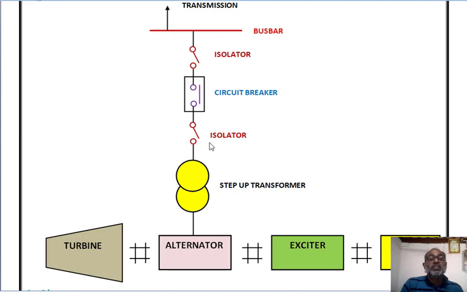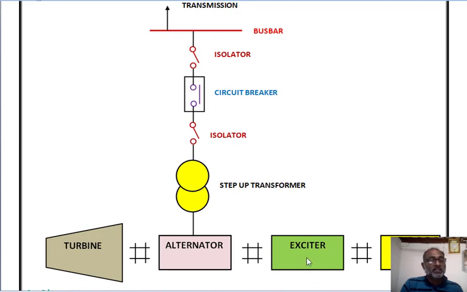So what is the main function of the isolator? At the time of maintenance or repairing, the circuit breaker must be isolated from the live lines. And another thing, the isolator must be operated only in no load condition. That is the most important condition that must be satisfied to operate this isolator.